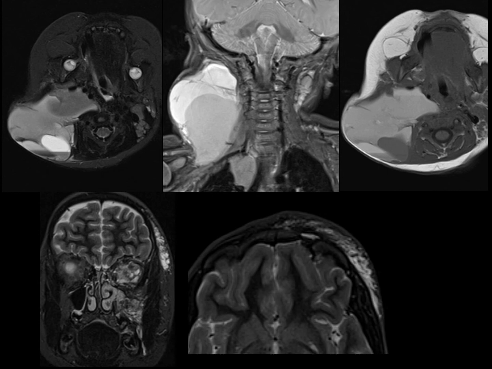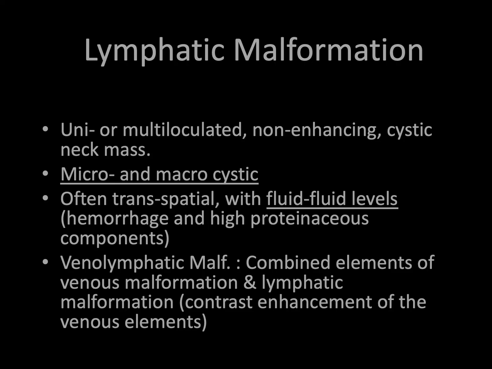This is another example of microcystic lymphatic malformation, with these microcysts very well evident in the subcutaneous soft tissue on this STIR, so a fat saturated T2 sequence. So a lot of examples saying the same things. This is just a definition of lymphatic malformation. It can be macro and microcystic.